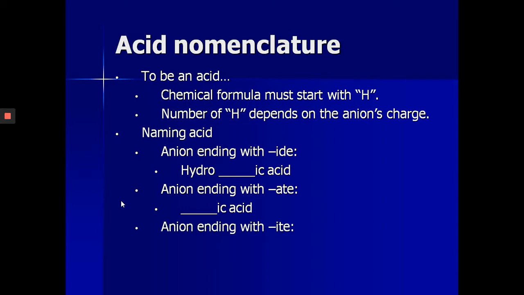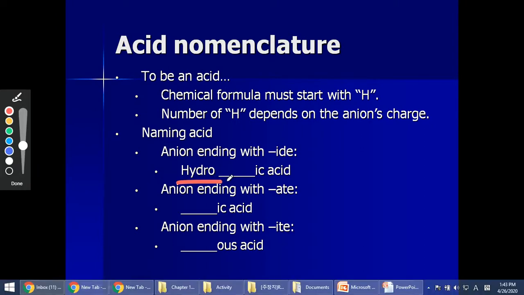And if you have an anion ending with -ite, then you're going to name this one blah blah -ous acid. So you have to basically know these three rules and the suffix for each of these.